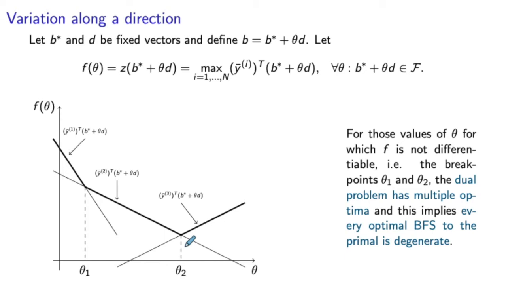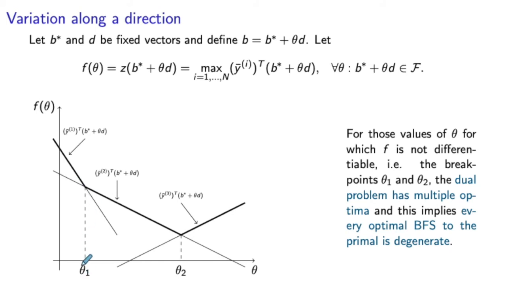And now we can plot the function f of theta explicitly, so we can see that you have local linearity for all the thetas that correspond to the non-degenerate primal solutions. And then we have these breakpoints theta 1 and theta 2, where the lines intersect, and we have multiple optimal solutions for the dual problem.